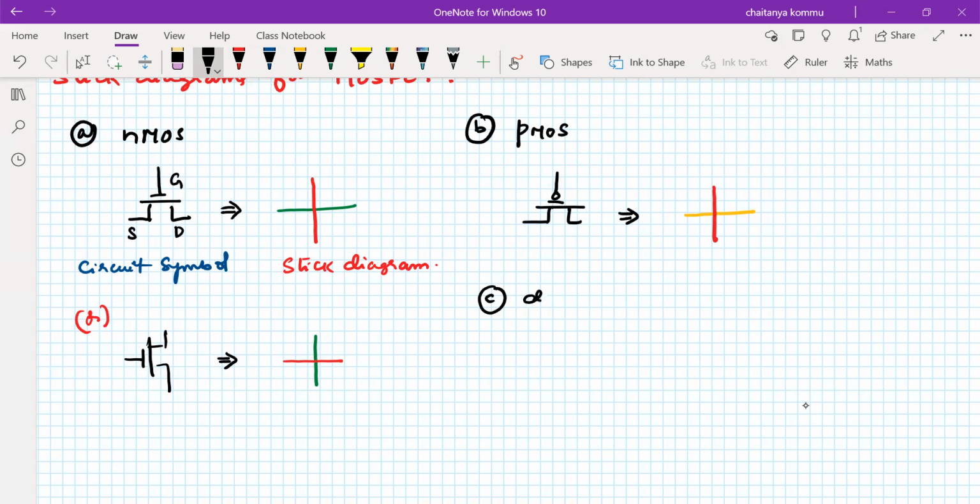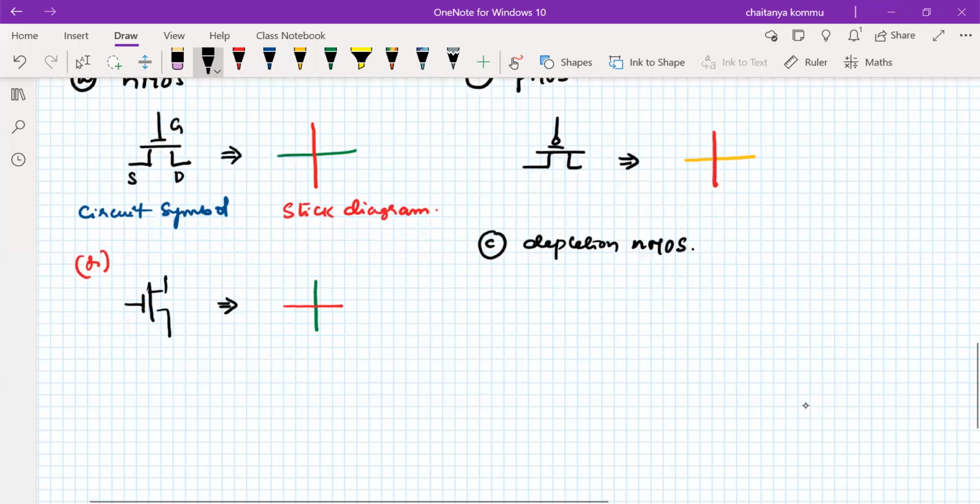Another one we have to write here is depletion NMOS. So far we have seen enhancement mode NMOS and PMOS. Sometimes the circuit consists of depletion mode type of transistors also. Therefore, we have to notice and mention its stick diagram as well. So what do we do in this case?